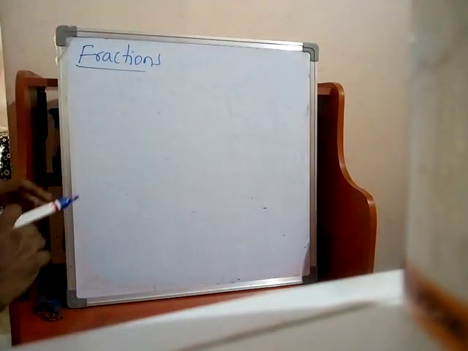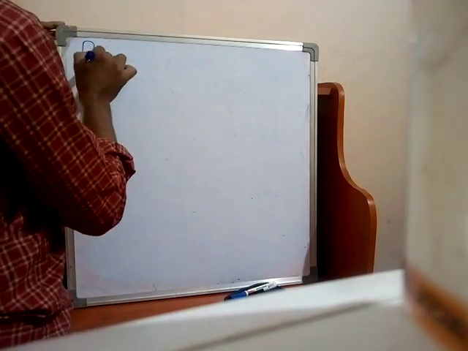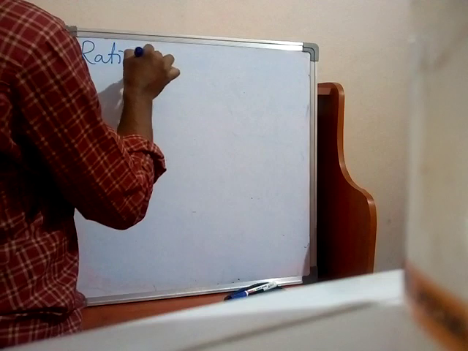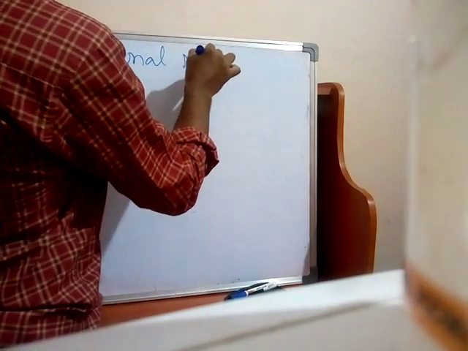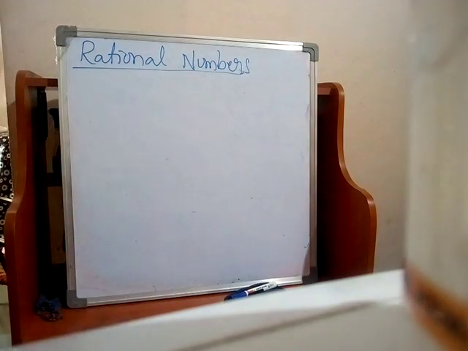So what is the next one? Rational numbers. After discussing rational numbers, I will explain the difference between fractions and rational numbers. So what are rational numbers?